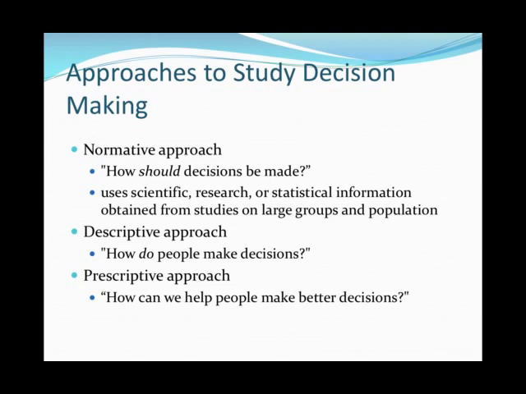So we'd use science and research and statistical information, and then we decide this is how we should make this particular decision. Like we decide that we should give someone... like what's a good example?